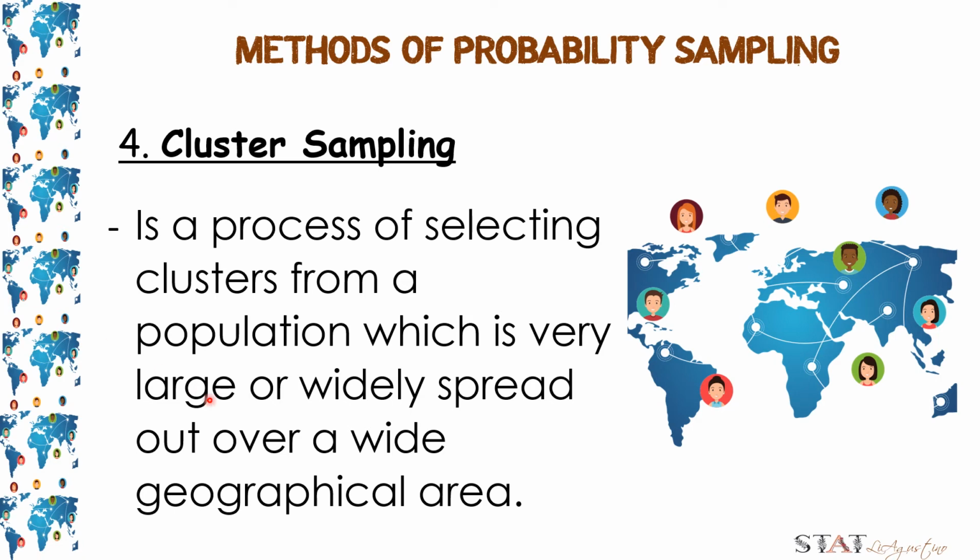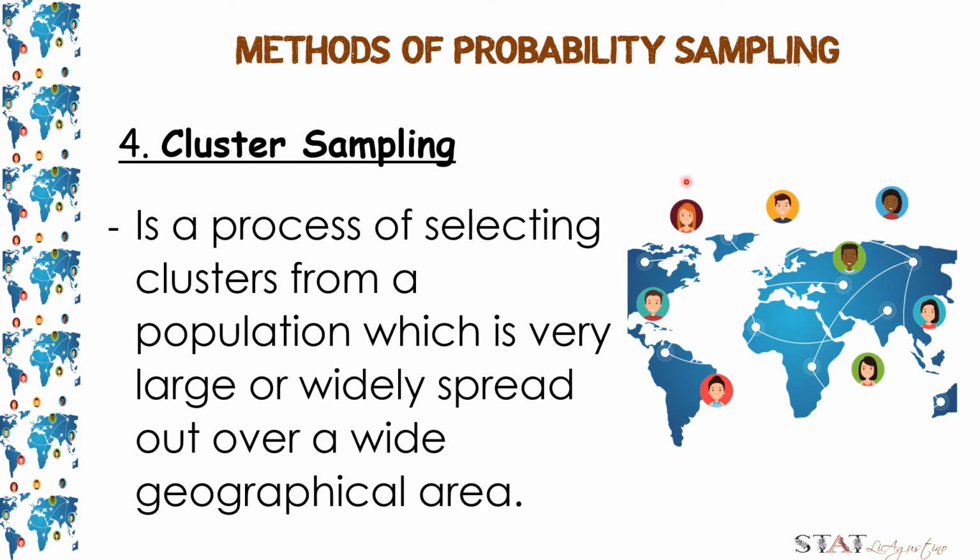So how about cluster sampling? It is a process of selecting clusters from a population which is very large or widely spread out over a wide geographical area. So it is similar to stratified. It's just that the clusters are very diverse and very wide, especially for example the national data.